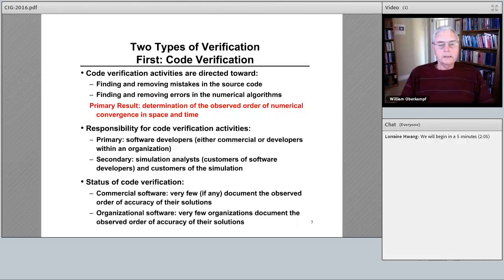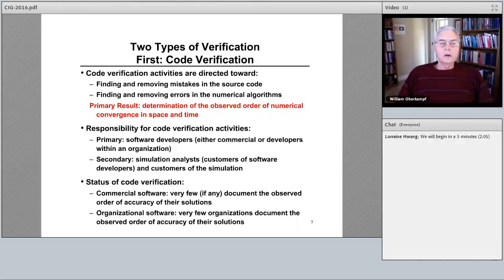There are many activities that go into this, and in our book we have a number of ways that you go in. But in this talk, I just have one slide on code verification. You have to realize that all of our simulations are built on the reliability of the code and the numerical algorithms. And the code is an embodiment of the mathematical model.